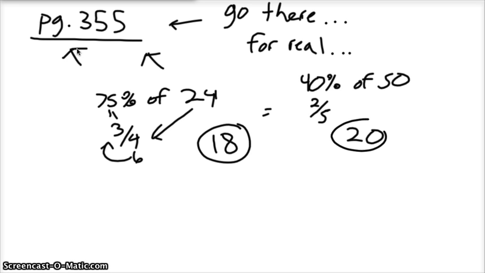So 20 is our answer, and that's the answer in the book. Okay, so does that help you make sense? Divide your number by the denominator, and then multiply that by your numerator, and you get your answer. Pretty simple for all you I don't want to write anything down kind of people. Let's go to the next page.